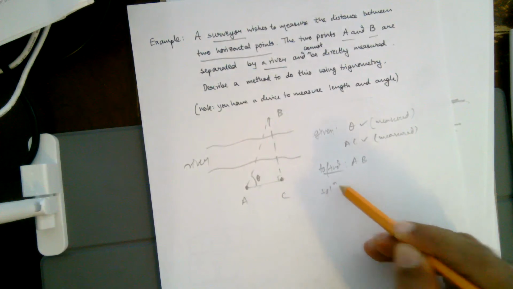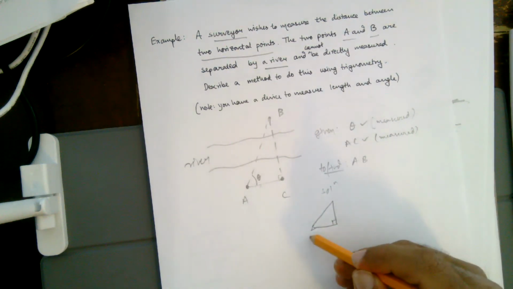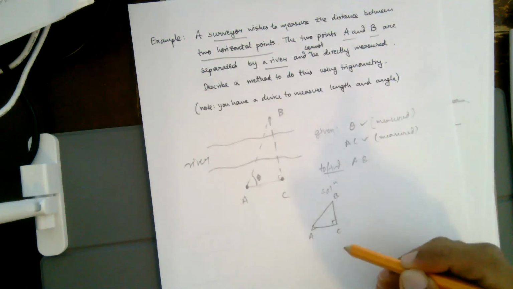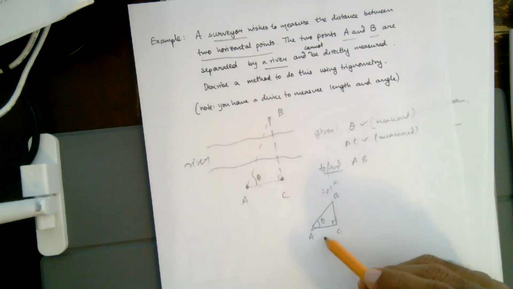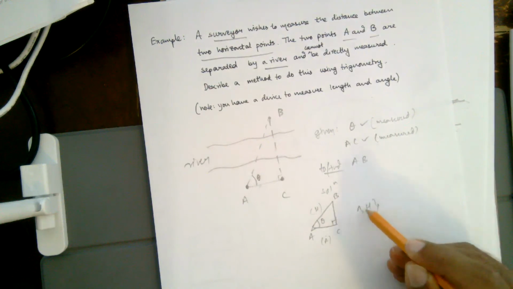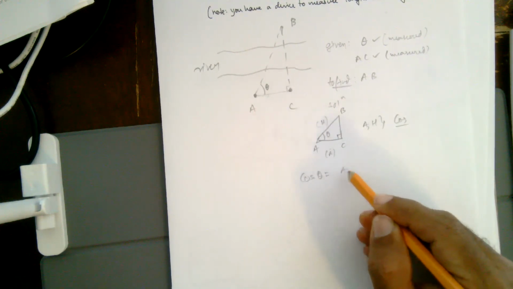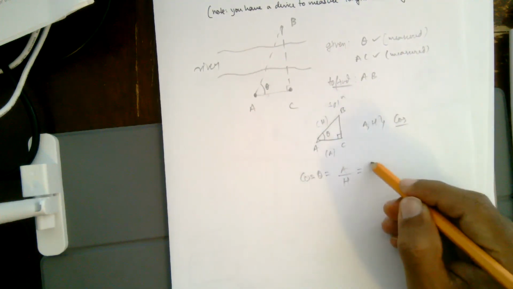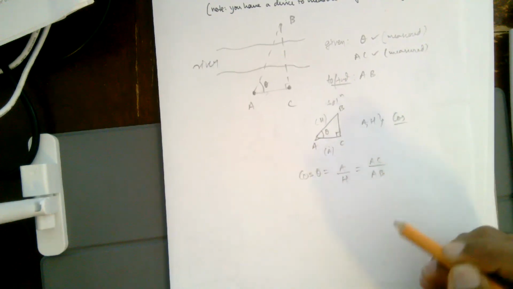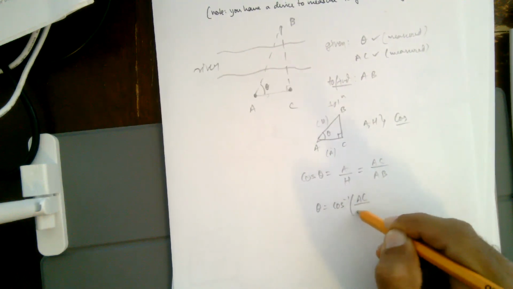So solution: again I have reduced this to a right triangle problem, ACB with angle theta. I'm working with AC and AB. AC is adjacent, AB is hypotenuse. Adjacent and hypotenuse implies cosine. So I set it up: cosine theta equals, SOH CAH TOA, adjacent over hypotenuse, AC over AB.